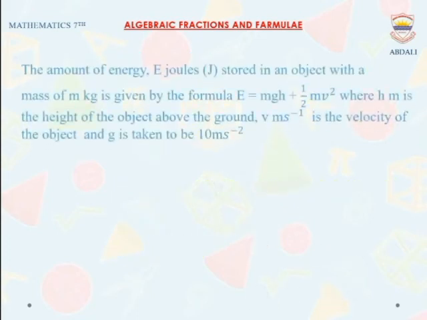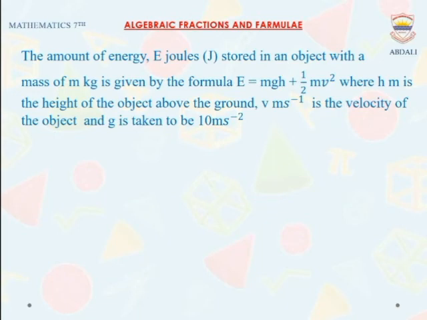So another question is: the amount of energy E joules, which will be denoted with J, stored in an object with a mass of m kg is given by a formula.